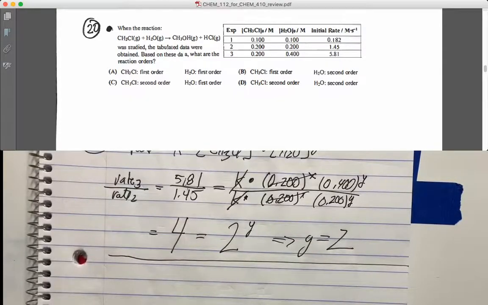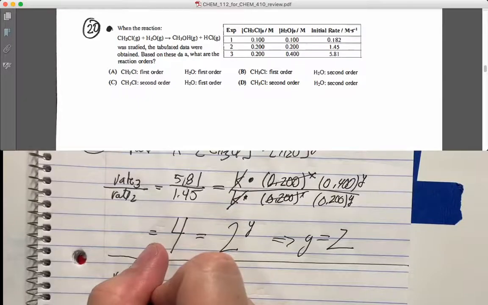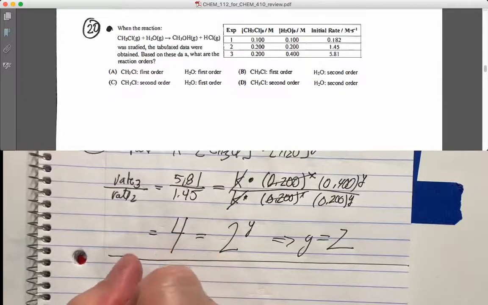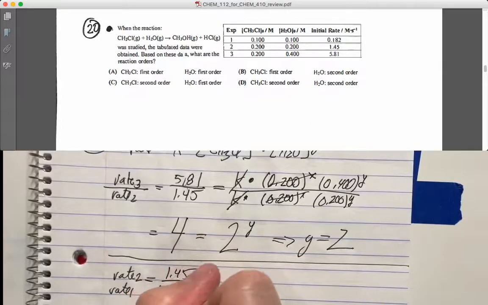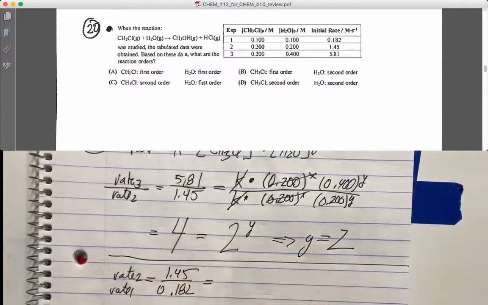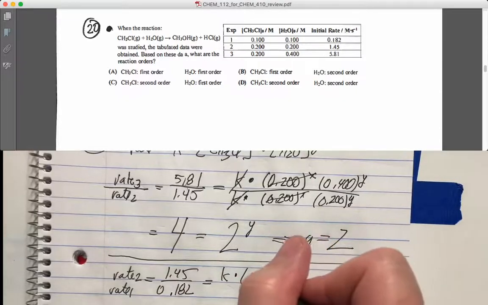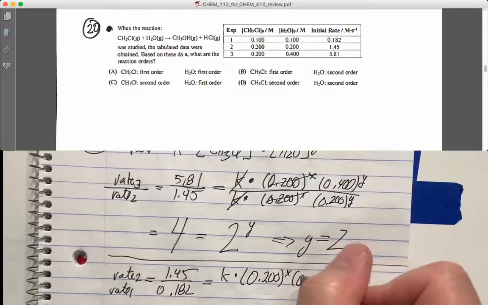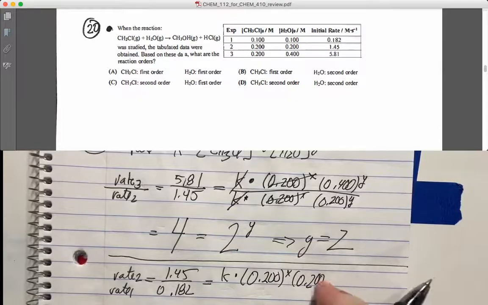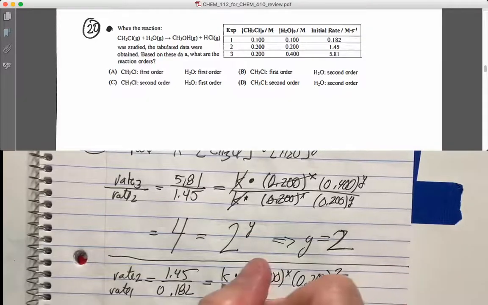All right, to get this other one, it's going to require a little bit more work on our part. Here I'm going to take rate 2 and rate 1, 1.45 and 0.182, and k times the concentrations. But I know the value for y now. The value for y is 2.